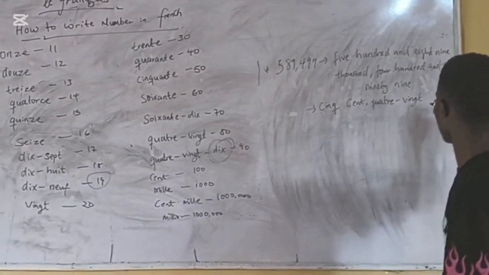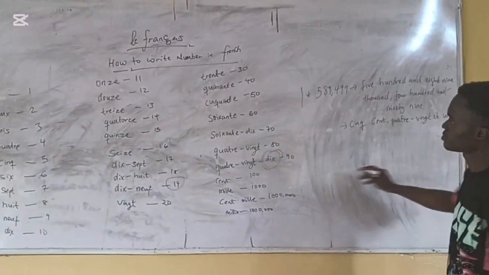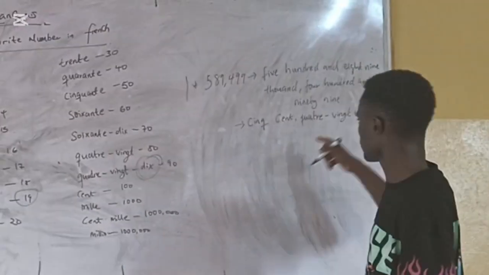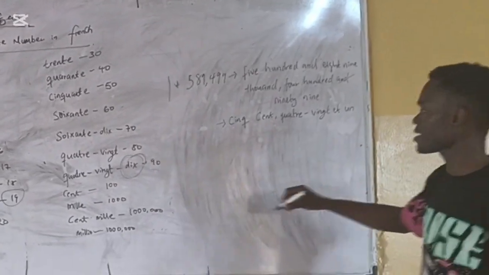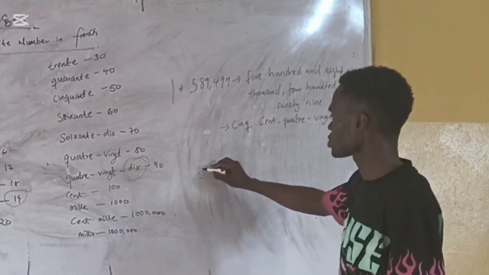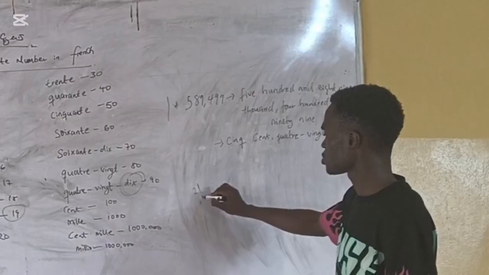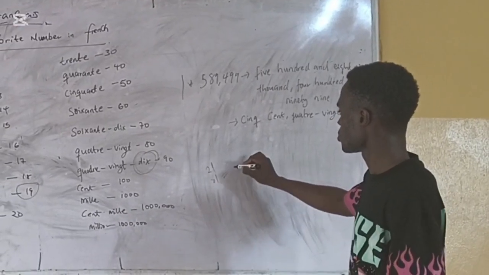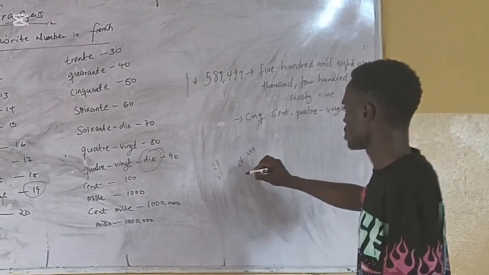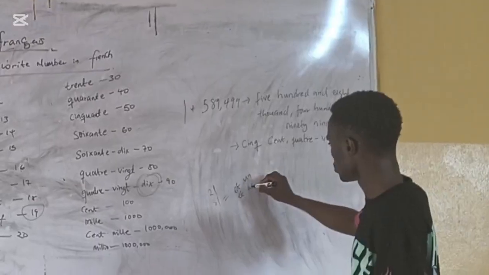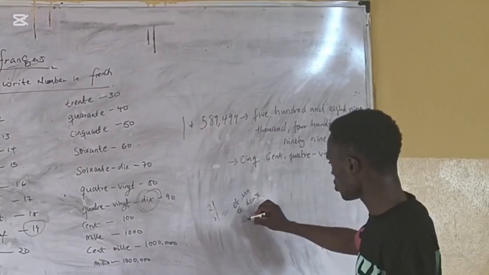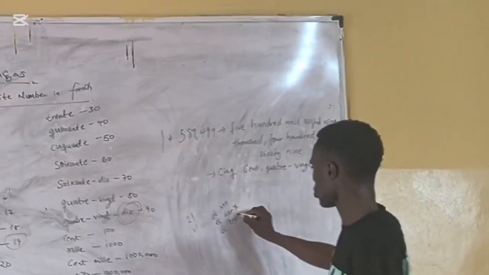K-O-V. Okay? So now, don't forget I told you in the previous video that if you are writing 20 something, 21, 81, thereabouts, you must add the E with the arm. If it's 2, it is E with the D. If it's 3, it is the E with the 3.